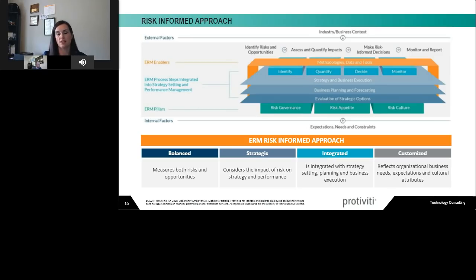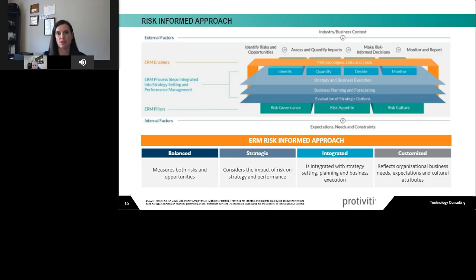That's a pillar that is the foundation for all of the other risks and evaluation. Is what types and amount of risk is your organization willing to accept in pursuit of your mission and goals. These are usually defined by senior leadership. And then risk culture. What's that top down?